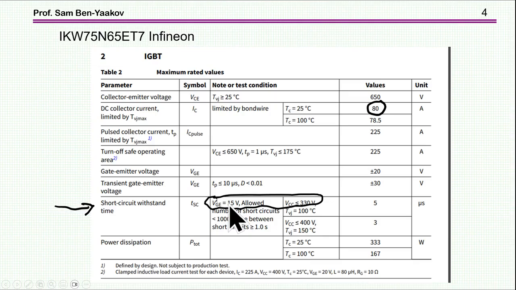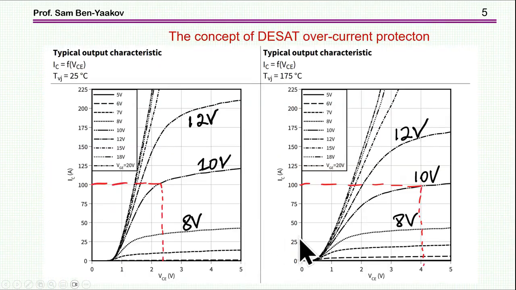So the IGBT is very robust. Also, it can hold on for quite a while. It's a relatively large chip. Therefore, they are compatible with the DSAT approach, which is not very fast. And here I'm showing the output characteristic of this particular device. Let's look at the level of 100 amp, say gate to emitter of 10 volt.